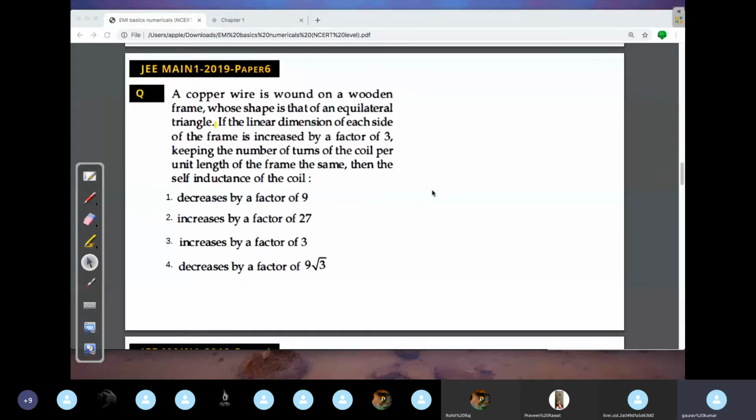If anyone is getting the answer for this question, you can let me know here. Easy question. Again, I'll repeat: do solve all these sheets. I'm going through all the questions and picking only those relevant to your NCERT textbook.